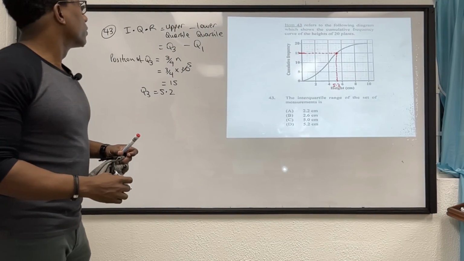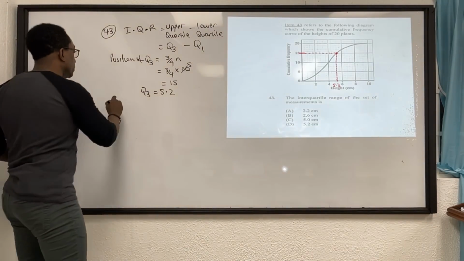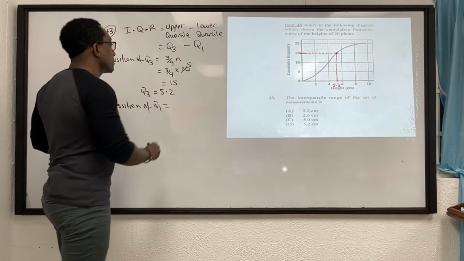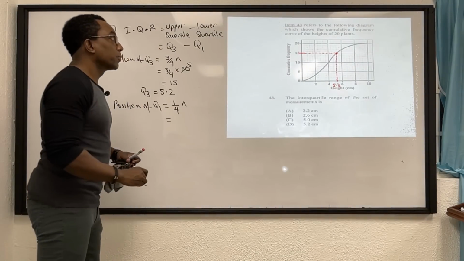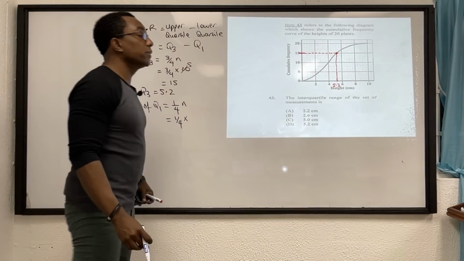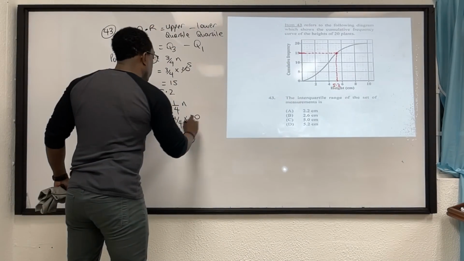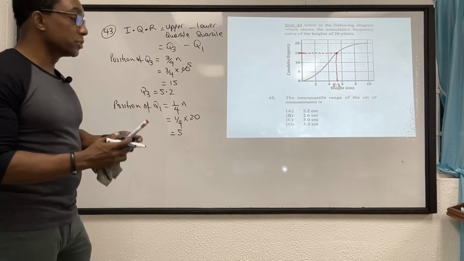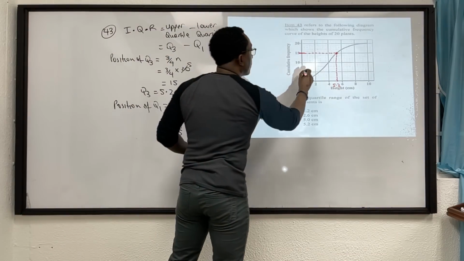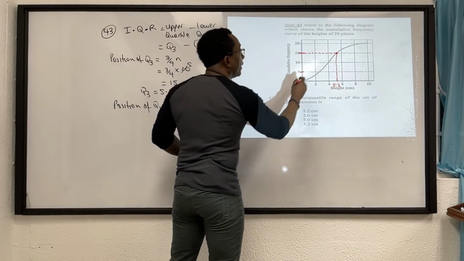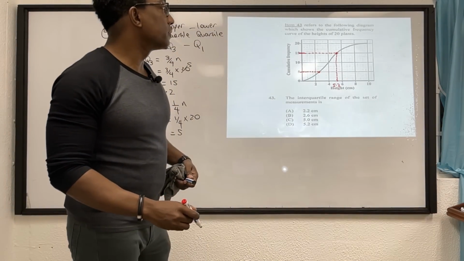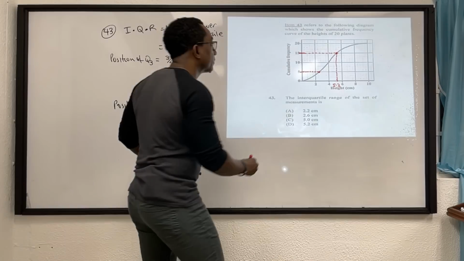Let's look at the lower quartile Q1. We have to get the position of Q1, that is a quarter times n. So we multiply a quarter by the total frequency, or the highest value of your cumulative frequency axis. A quarter times 20 is 5. So that is the position of our lower quartile, and let's see what height that corresponds to. We find 5, draw a dotted line across, touch the curve, and travel towards the height axis.